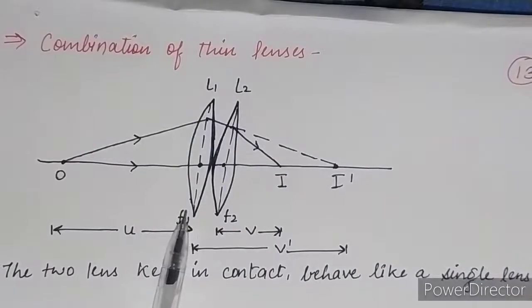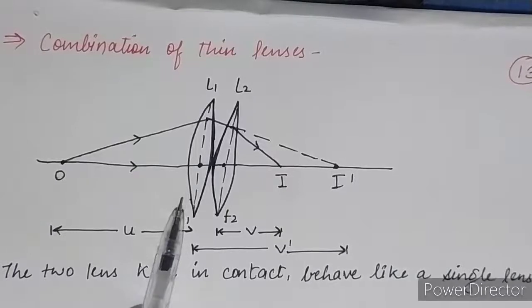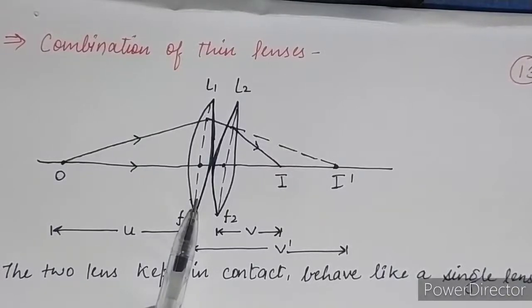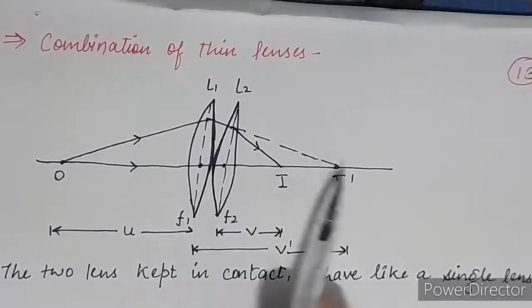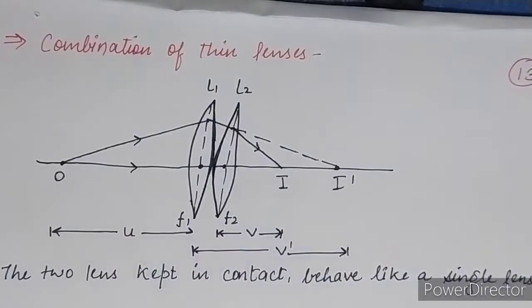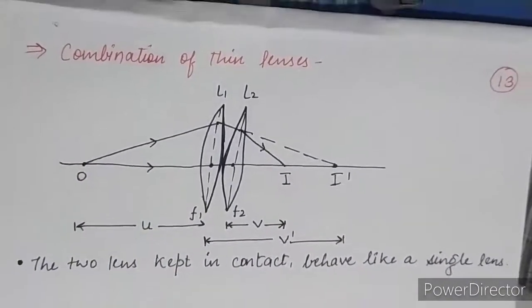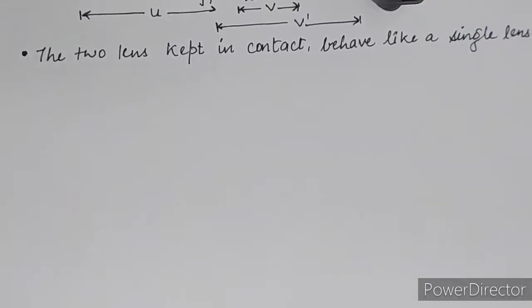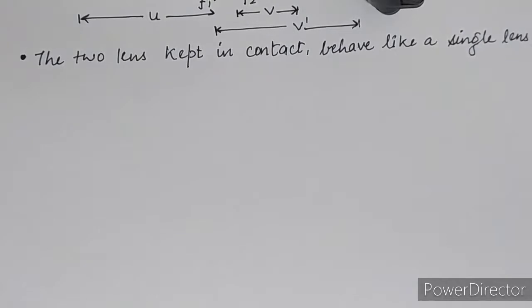If we consider that in the absence of lens L2, the image formed by L1 is I dash, the ray is refracted from this and directly forms the image I dash. So I am writing here that in the absence of lens L2. The remaining theory I will not write down; you may write it down on your own.